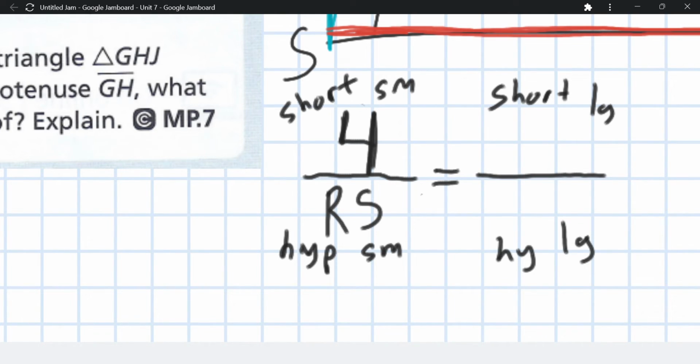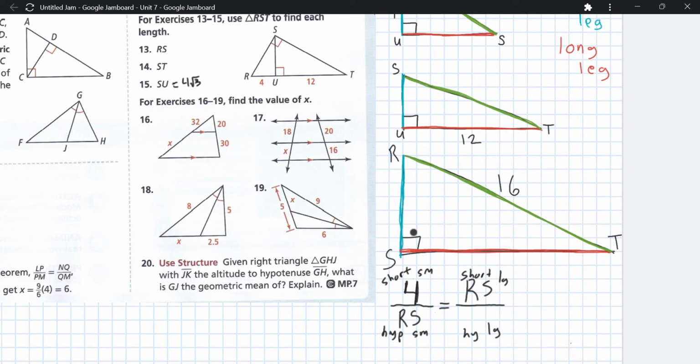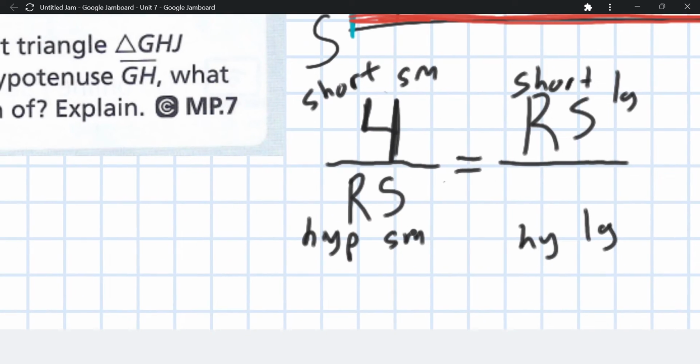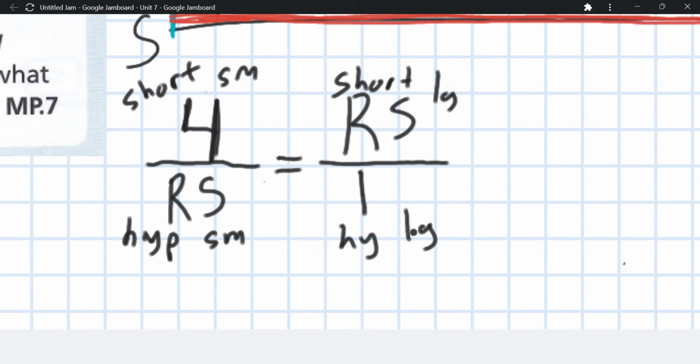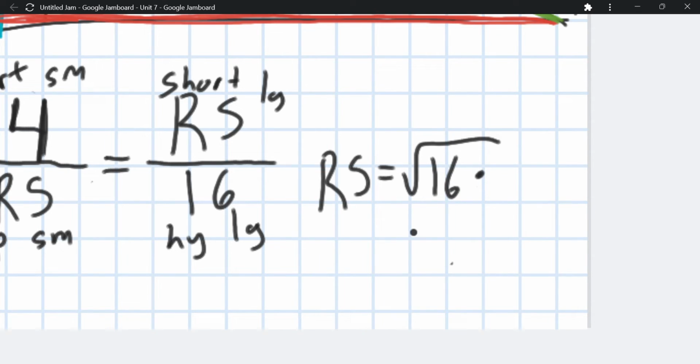Okay, the short of my large was RS. There you see right there, RS, not given to me. The hypotenuse, however, is 16. All right, so now I have my A and my B. So I know that RS is equal to the square root of 16 times 4, or 4 times 16, either one's fine.